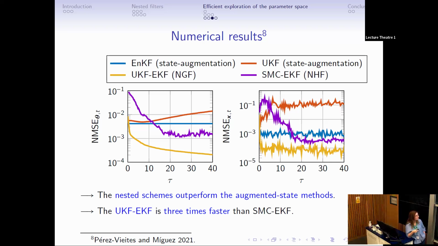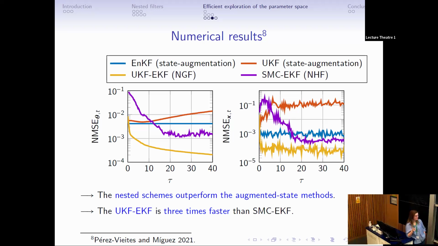And also for this specific model, the nested Gaussian filter was working very well. It was converging a bit faster than the nested hybrid filter. And it's true that I haven't mentioned that for the nested hybrid filter, when we use the jittering, we have to be very careful when choosing the variance in the jittering of the kernel, because it's going to affect how fast this convergence is.